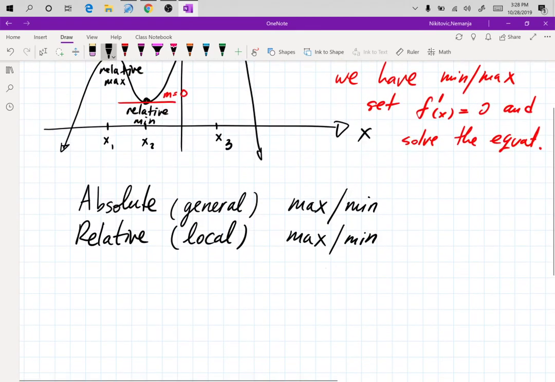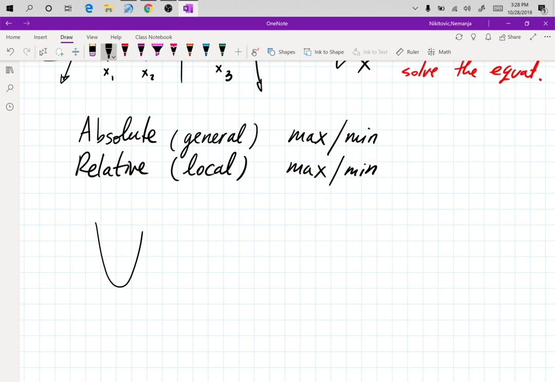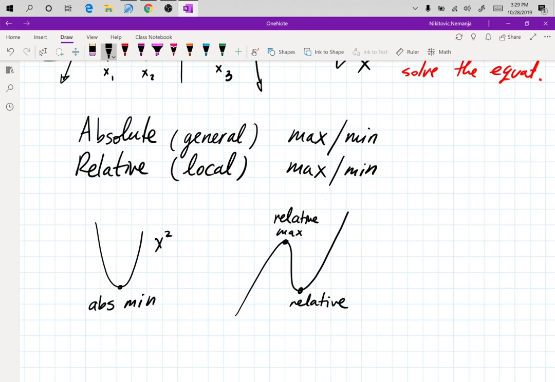In this particular drawing. When you draw x squared, that one has an absolute min. If you draw x cubed like this, and this is not x cubed, this is x cubed minus x, let's say, if you draw that, then you have no absolute, but a relative max and relative min.